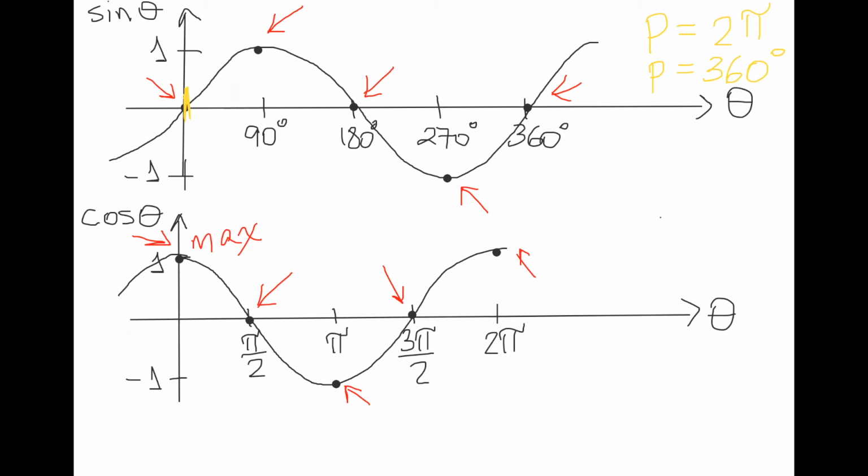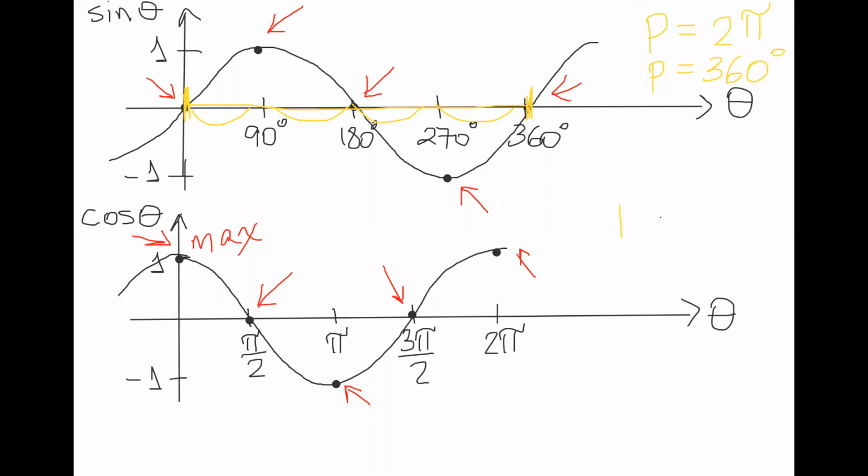From 0 to 360 degrees, we have 4 intervals of critical points, right? The same thing happens with cosine. The period of cosine is 2 pi, and we can see that from 0 all the way to 2 pi, there are 4 intervals between the critical points.